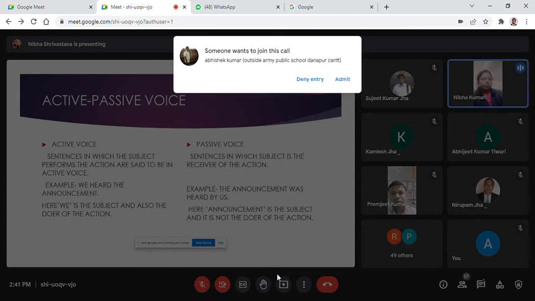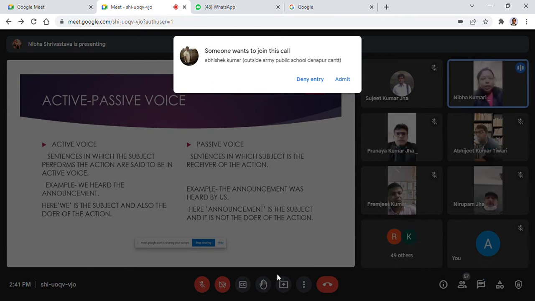So see this example. We heard the announcement. Here the subject is we, and we are performing the action. We are the doer. Now see the second form: the announcement was heard by us.